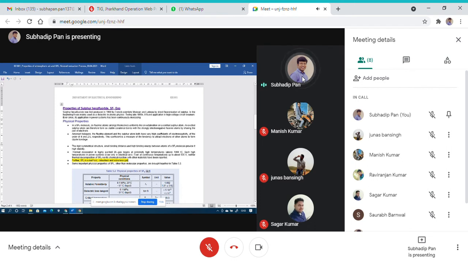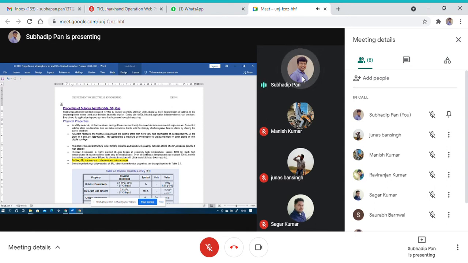You will also know that SF6 has a very high molecular mass. Due to this high molecular mass, it has a very high density. This particular SF6 gas has two types of state: one is a liquid state, another is a gaseous state.